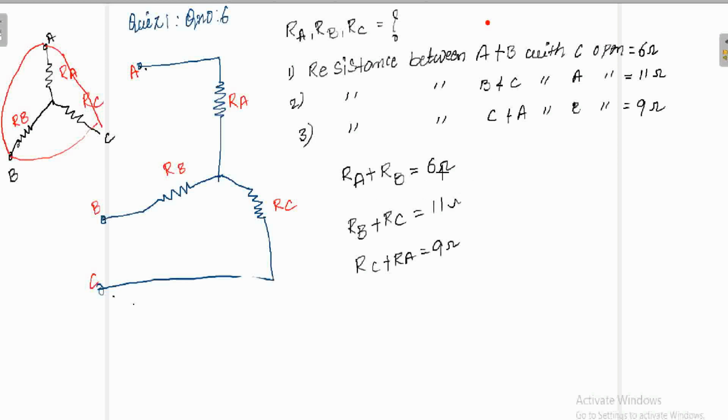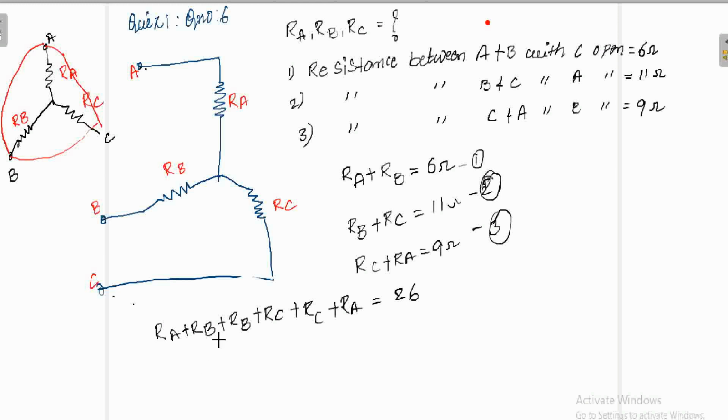This is your equation number 1, 2 and this is your 3. Add 1, 2, 3. Then what will you get? RA plus RB, RB plus RC, RC plus RA, which is equal to 6 plus 11 plus 9, that is 26.